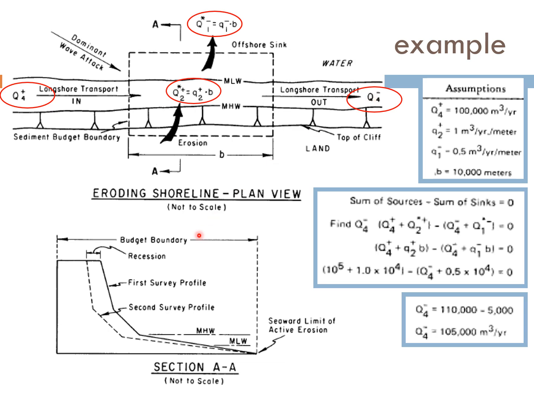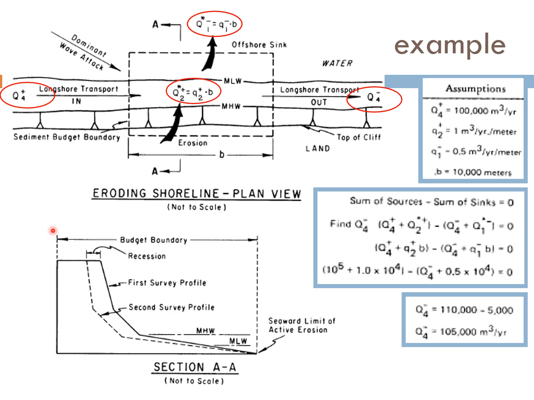And as a result of the dynamics, the cliff of the coastline here undergoes changes. Here we show the first survey profile and the second survey profile, where a recession of the shoreline was observed.